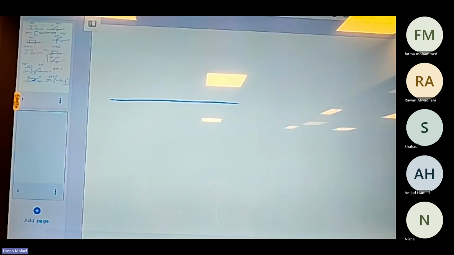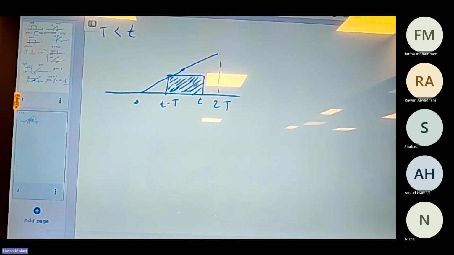Now, if t is bigger than capital T, how should I move t until it reaches here?